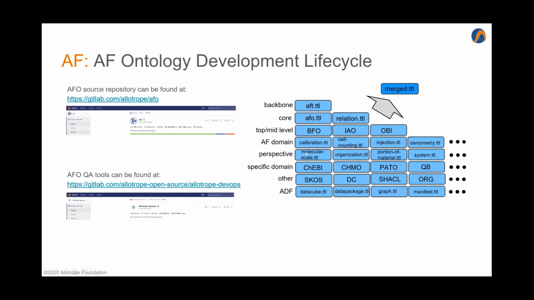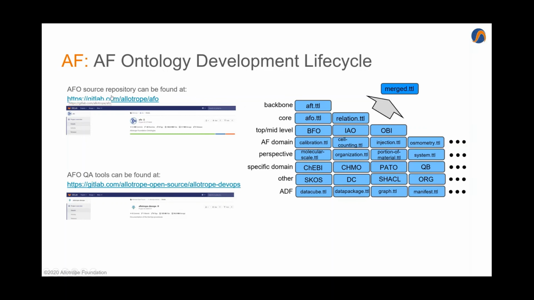And there are several external domains and other ones that are, for example, ADF related, like data cube, data package, graph, manifest. Altogether, they are a suite of ontologies that are serialized in the merged TTL file.